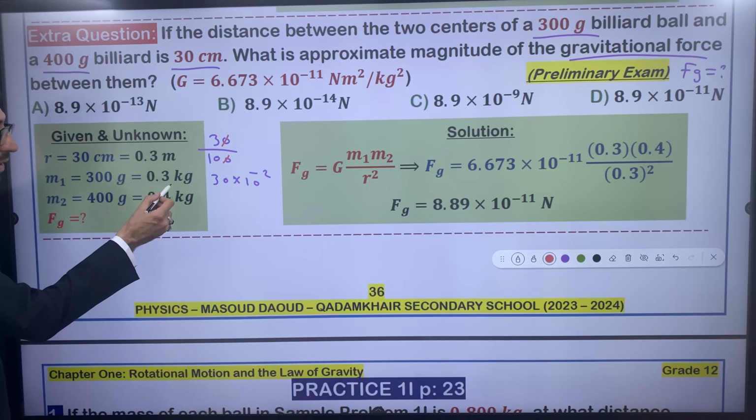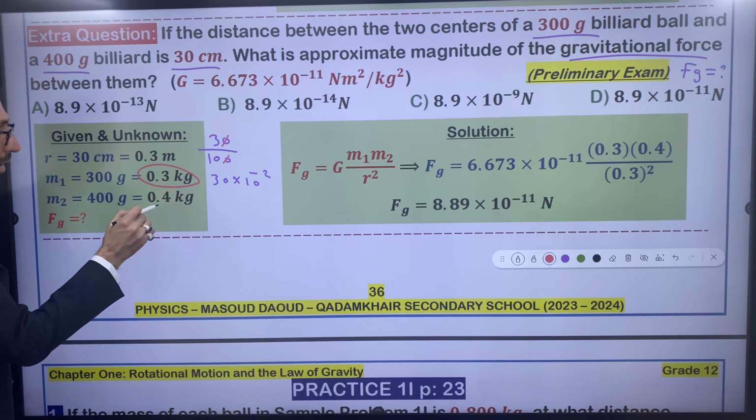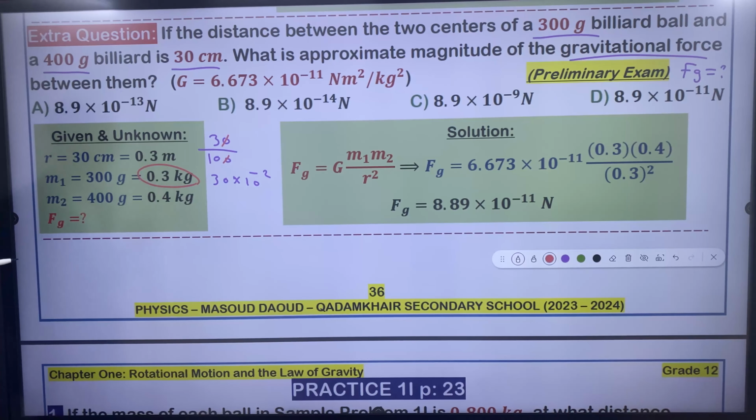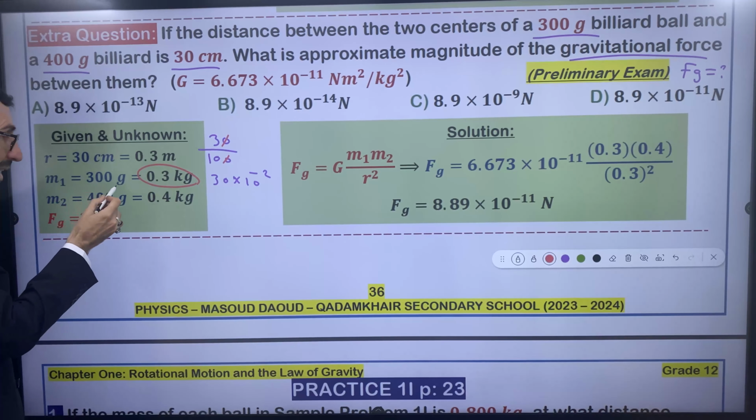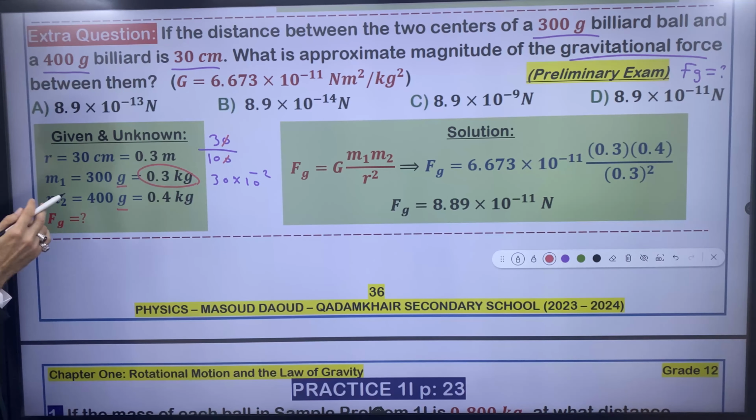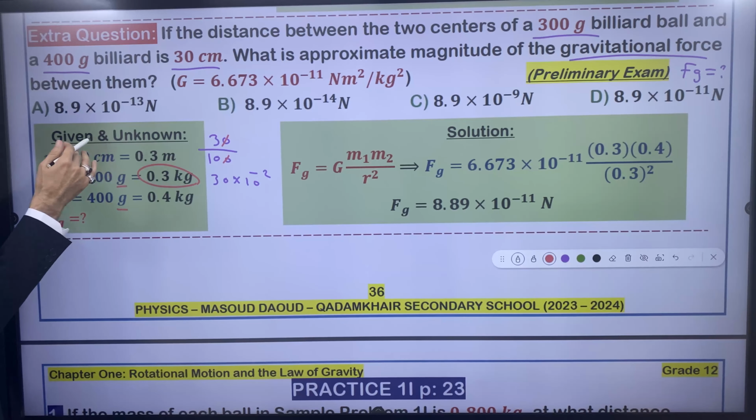Excuse me, about the mass, I'm going to tell you another note, because mass is given in gram. How do you convert it to kilogram? Here, the conversion factor is different. It's different from the centimeter.